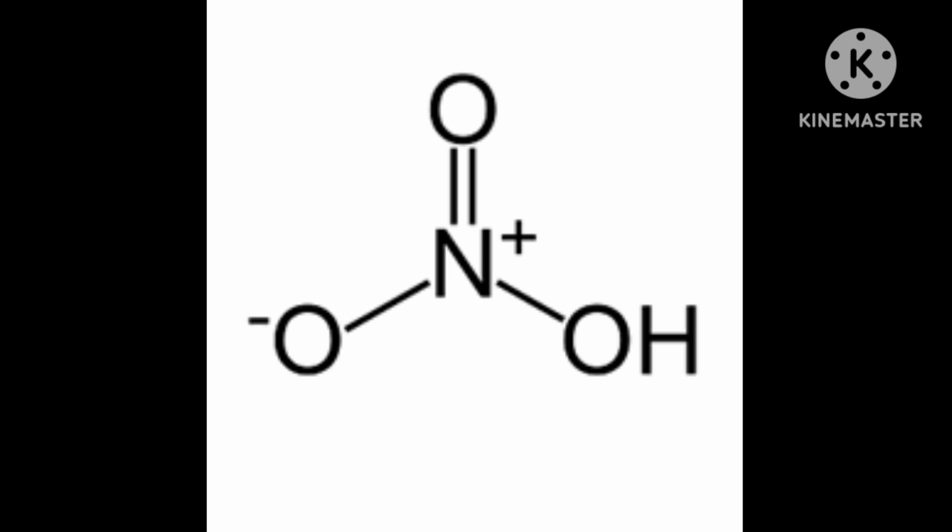Nitrogen forms oxo acids. What are the examples of oxo acids? The first example is H2N2O2, also called hyponitrous acid.